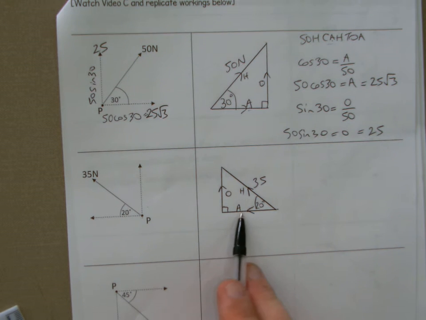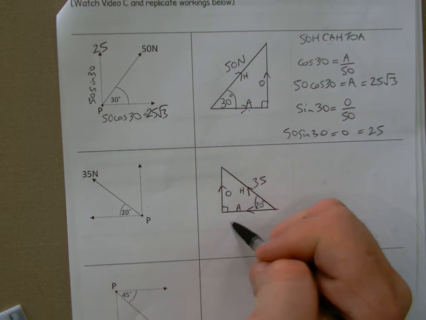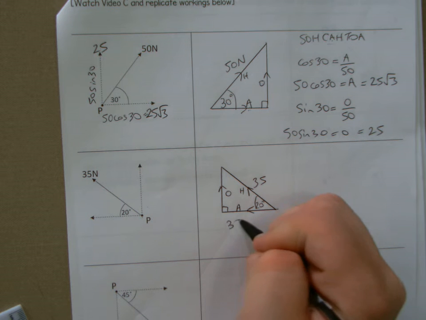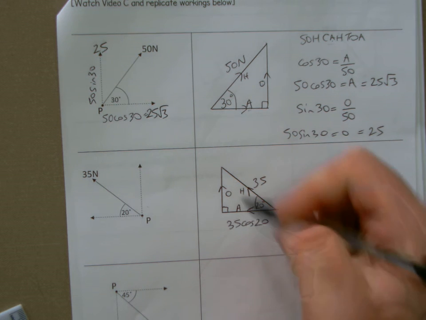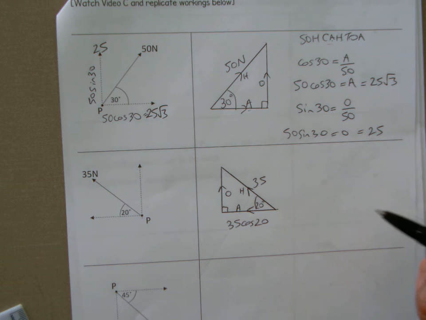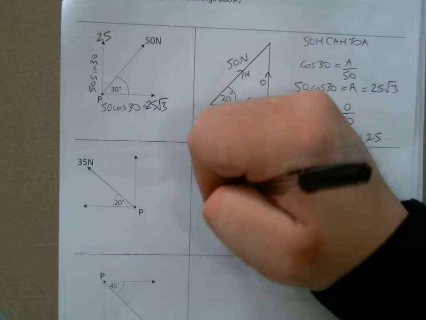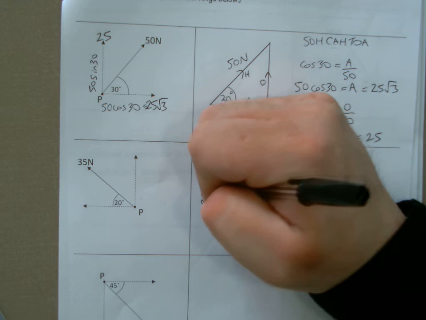If I want A, well, you use A and H. That's going to be cos, isn't it? So you might see straight away that's going to be 35 cos 20, and then opposite, you're going to be using 35 sine 20.